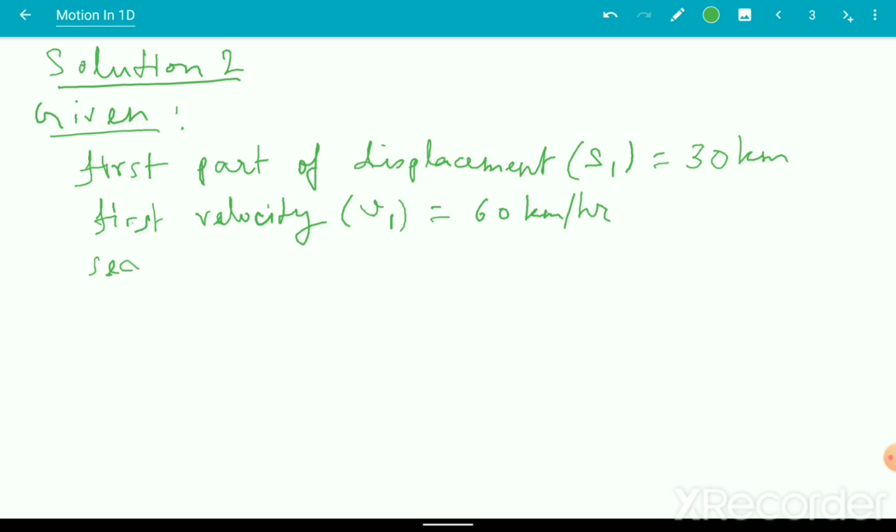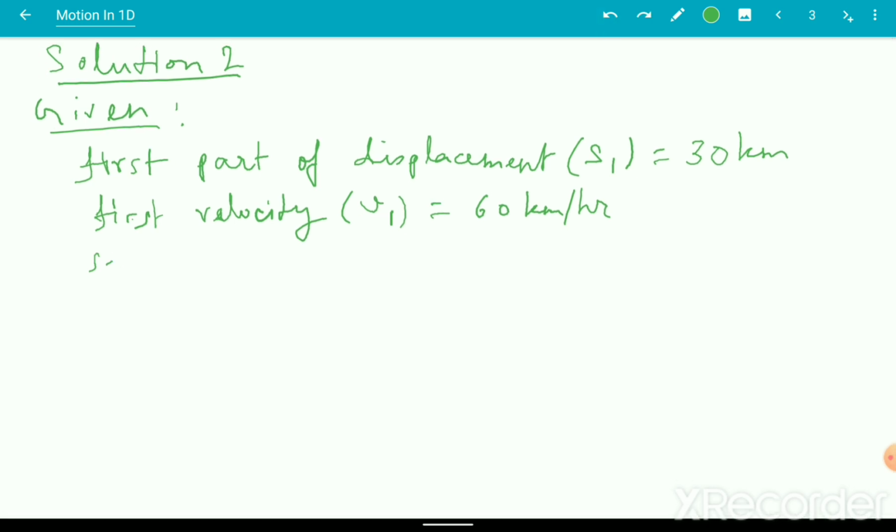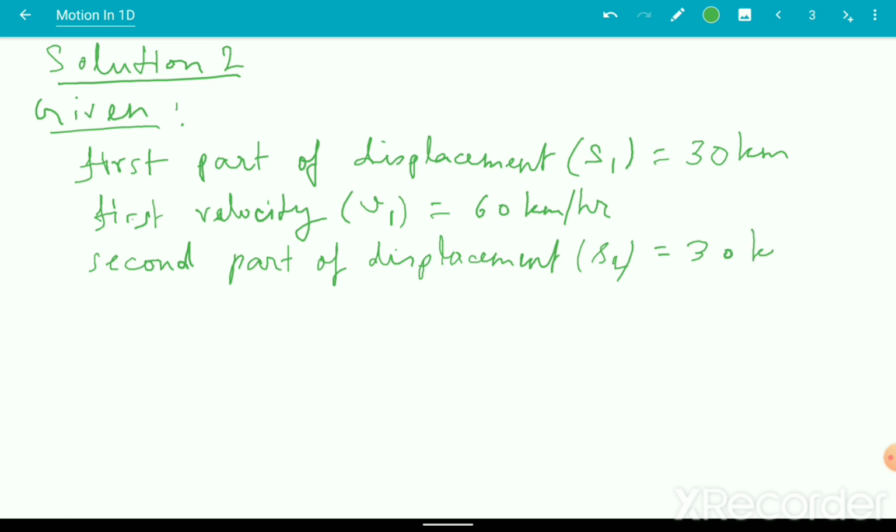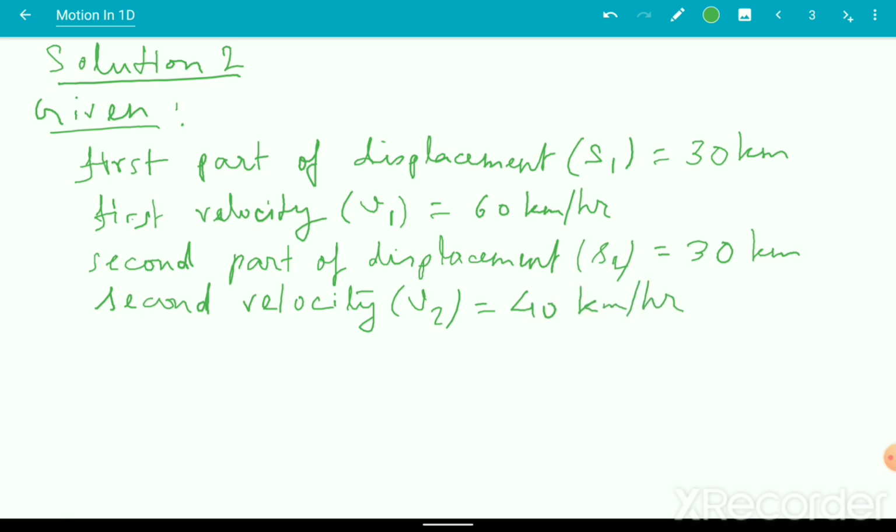So the second part of displacement, S2, is again 30 kilometer, and the second velocity v2 is equal to 40 kilometer per hour.